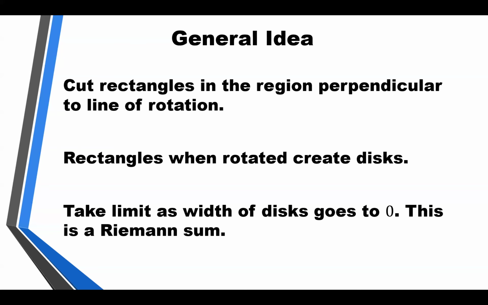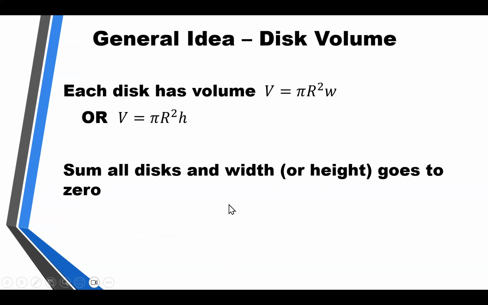And so when we take the limit as the width goes to 0, those Riemann sums are going to turn into integration. And the formula for that integration is going to look like summed up volumes of a disk.